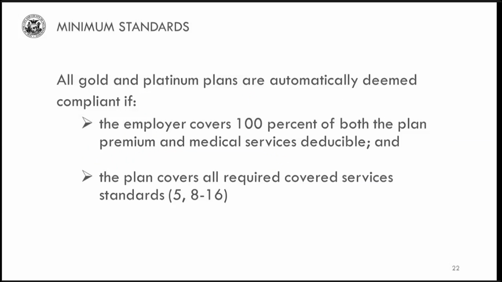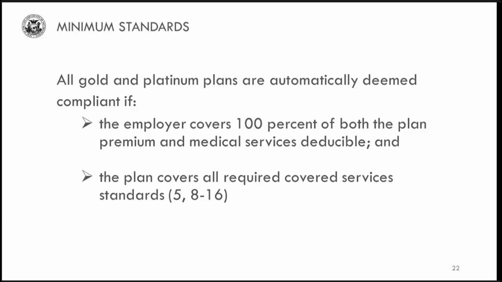Next slide, please. At this time, I'd like to review the actual minimum standards that will be going into effect January 1st, 2025, and how they differ from the current minimum standards. First, as is currently the case, all gold and platinum plans are automatically deemed compliant if the employer covers 100% of both the plan premium and medical services deductible, and the plan covers all required covered services standards.